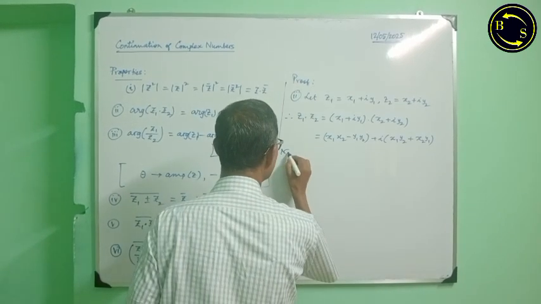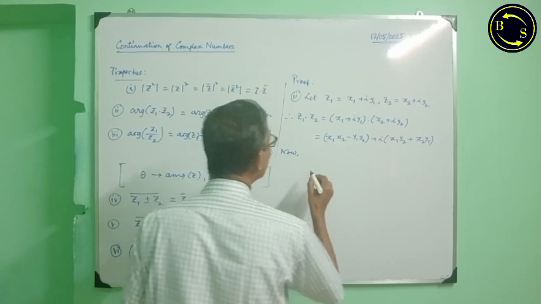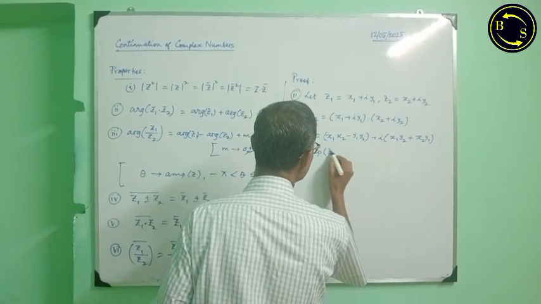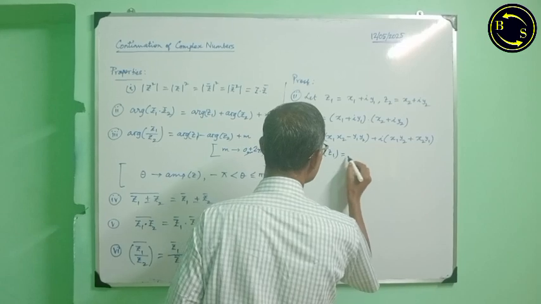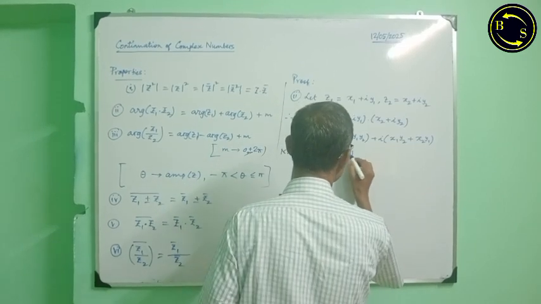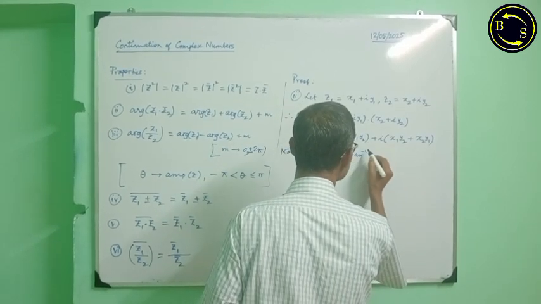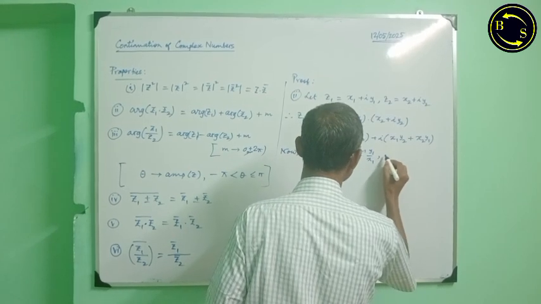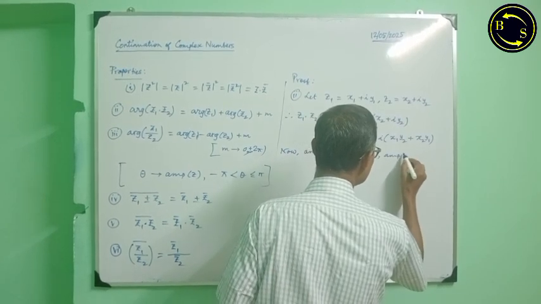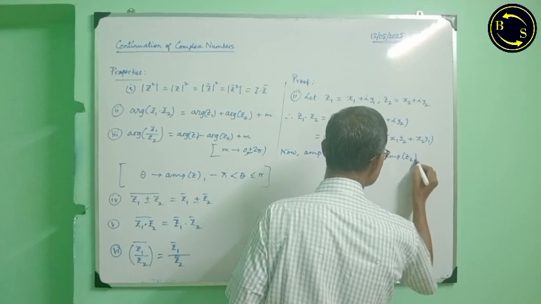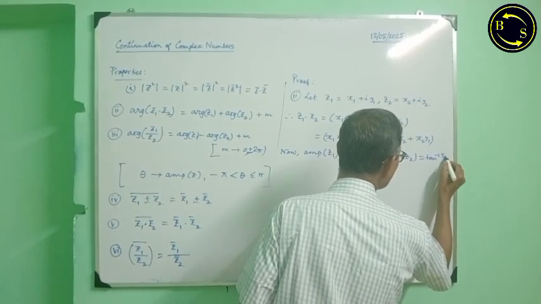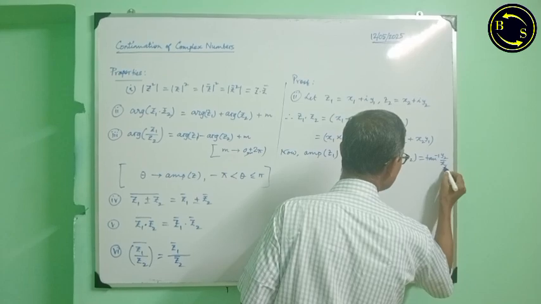Now the amplitude of z1 is tan inverse y1 by x1. Amplitude of z2 is tan inverse y2 by x2.